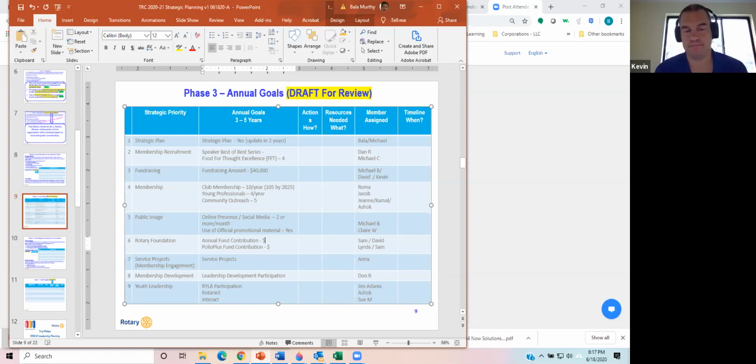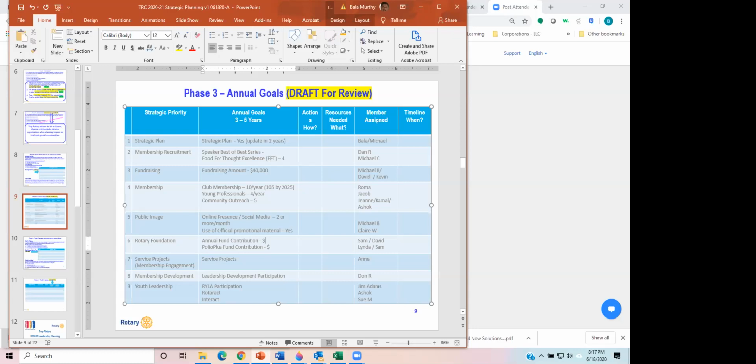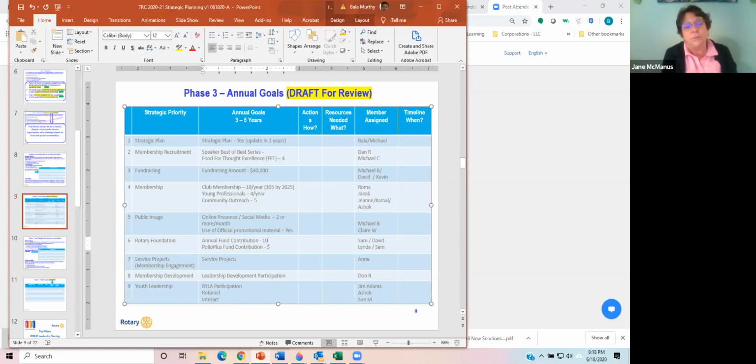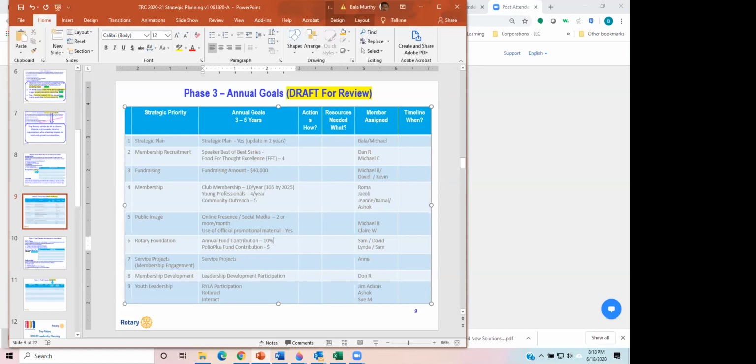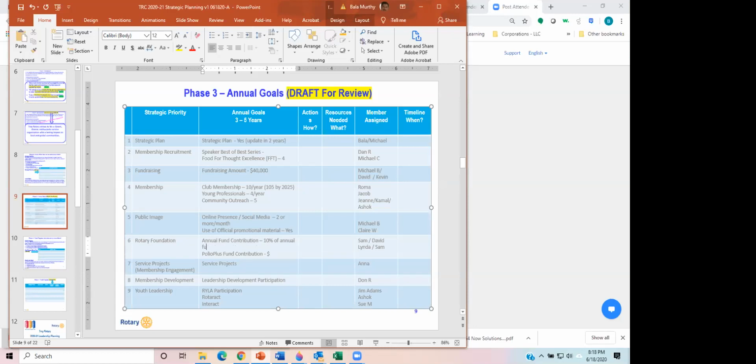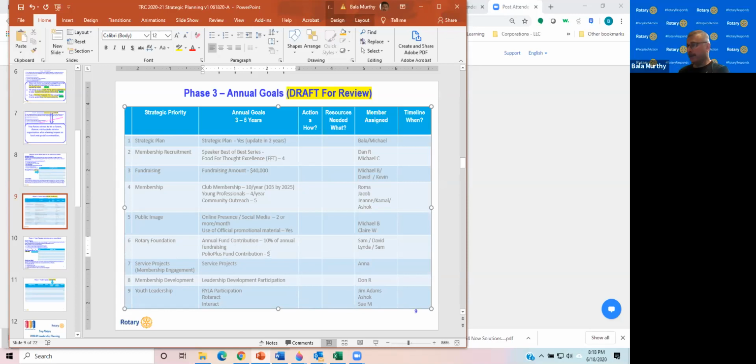But well, budget or fundraising? Fundraising. So Bala put in there, not a dollar amount, but 10% of the annual fundraising. So if we're in the hole, does it come back to us? Minus 10%? Okay. What about Polio Plus fund contribution? What should we put?